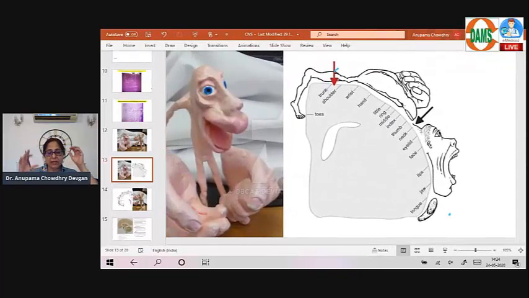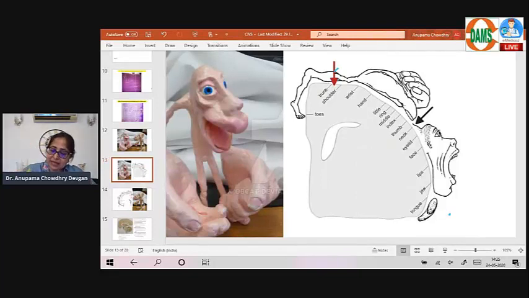If you remember, the sensory cortex is your post-central gyrus. Now, the complete body is represented in the sensory cortex. This is what we look like in the sensory cortex. All of us look as beautiful as this in the sensory cortex.